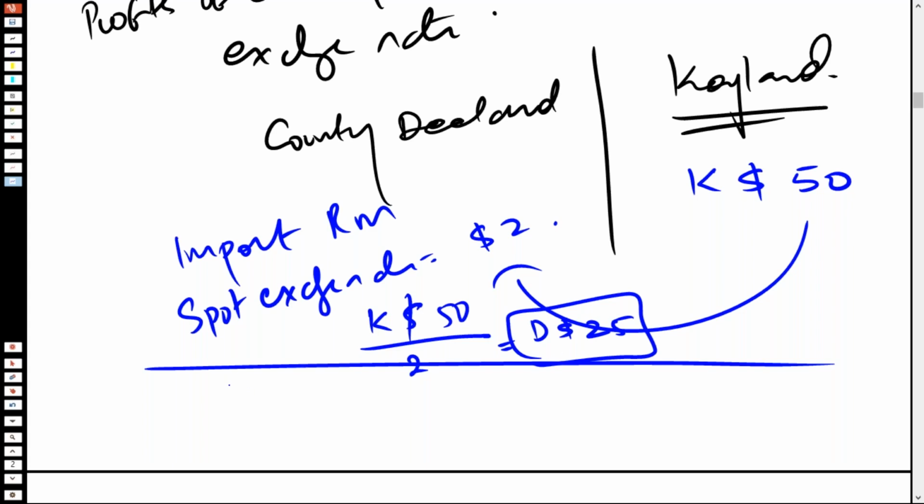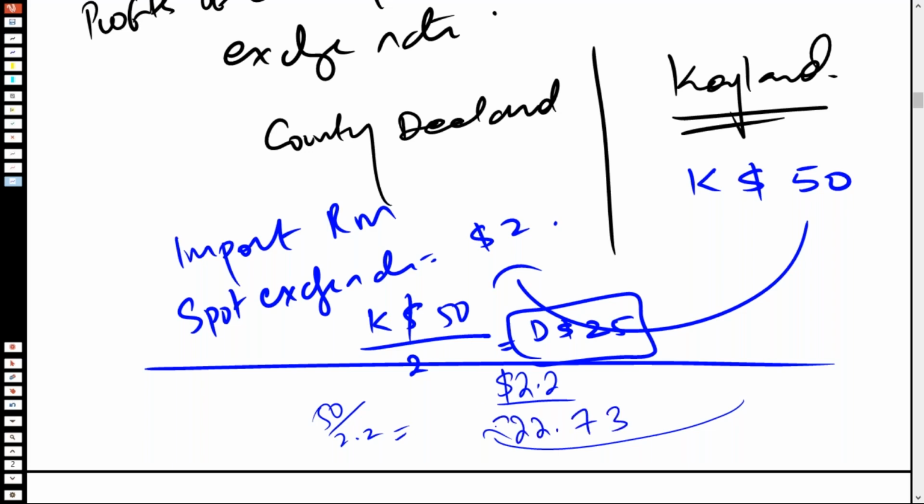If this exchange rate has now become 2.2, what are you going to do? You're going to say 50 divided by 2.2. How much do you get? You end up getting 22.73 approximately.